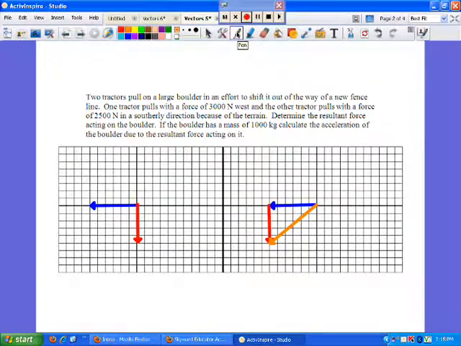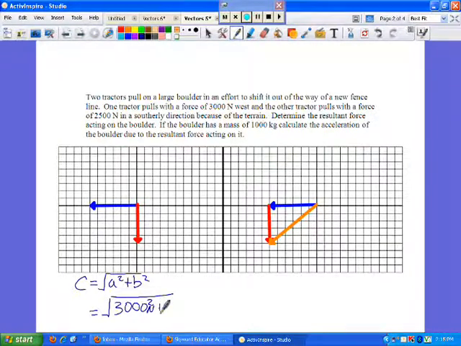Again, to find the magnitude of the resultant vector, the length of it, we use what is known as the Pythagorean theorem. Again, a squared plus b squared equals c squared. Here you'll see that we just have c is equal to the square root of a squared plus b squared. We're able to plug in our information here.